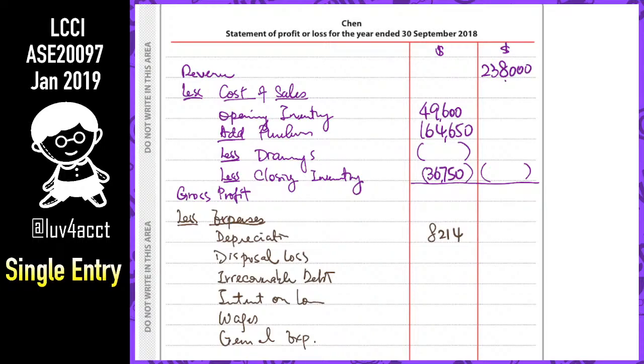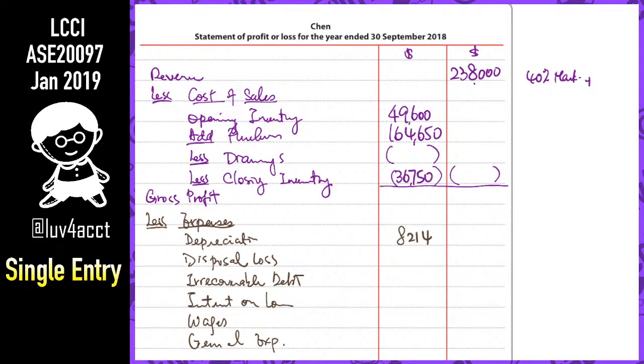We have to use the 40% markup. This skill we have already gone into in the last paper, I think March or April.